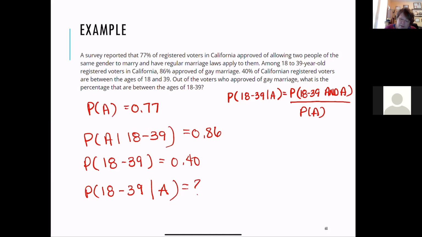that the probability that I'm between 18 and 39 and I approved, I'm going to use an ampersand, is, using Bayes' theorem, the probability that I approved given I'm in that age group times the probability that I'm in that age group, and I ran out of room.